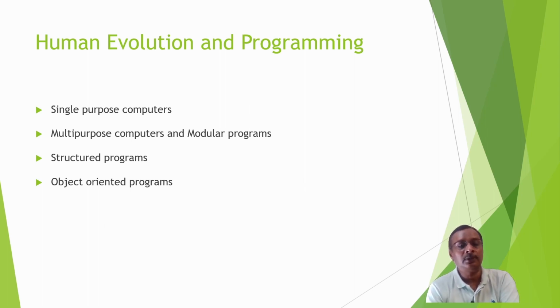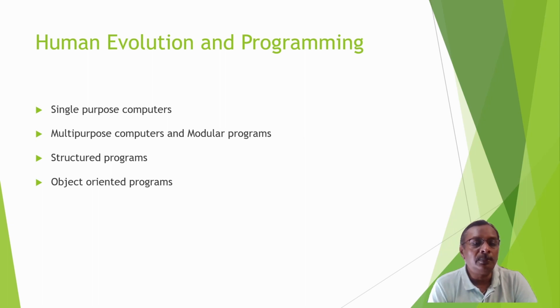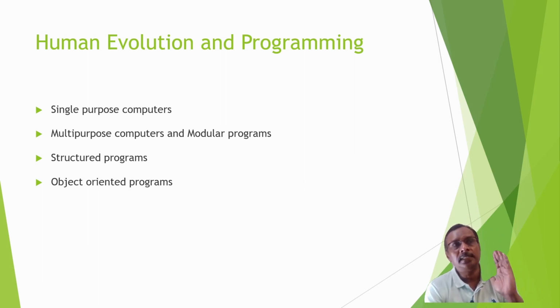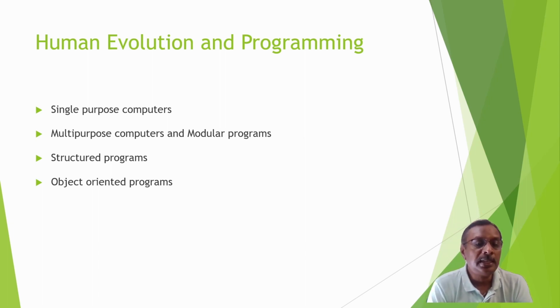This is how multi-purpose computers and multiple programs running on computers started, and also modular programs. High level languages started defining modules, and these modules get structured in a way that they can be reused and realigned, and the entire programming becomes very efficient in several ways.